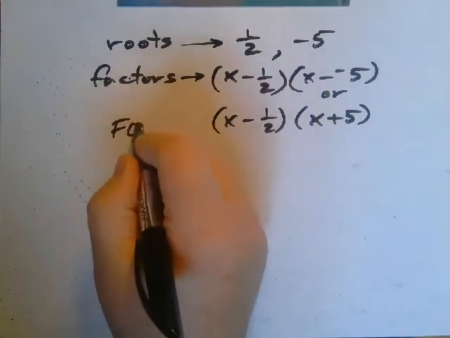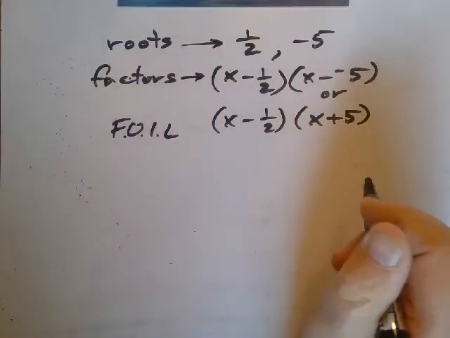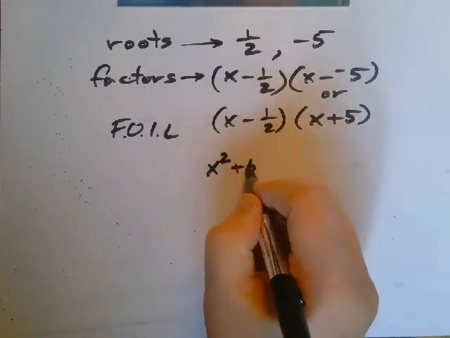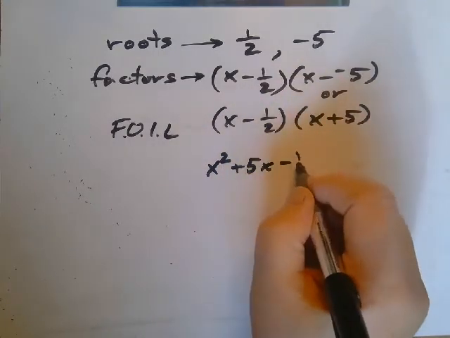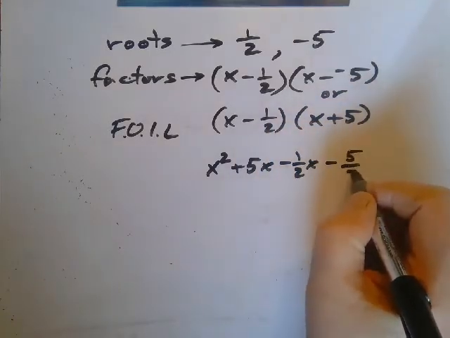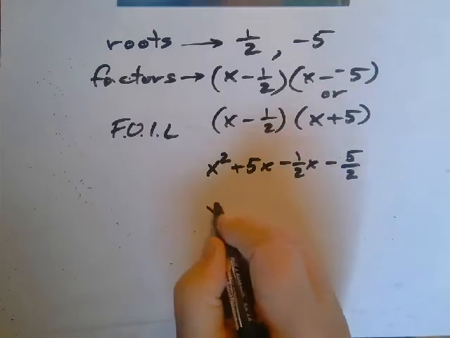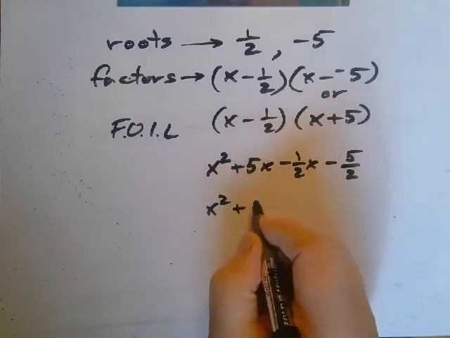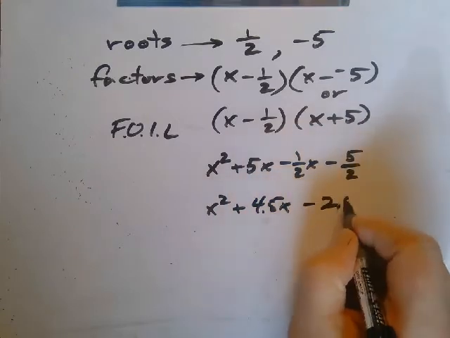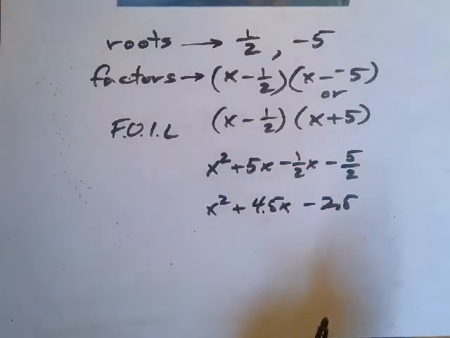Now, if I FOIL this, I will get a quadratic. Here it is: x squared plus 5x minus a half x minus 5 halves. Or I get x squared plus 4.5x minus 2.5. And that is a quadratic.